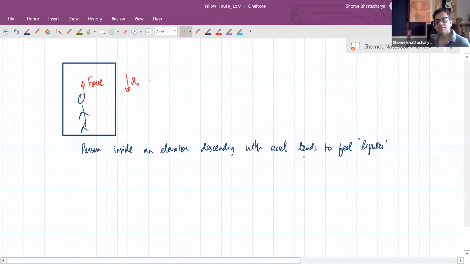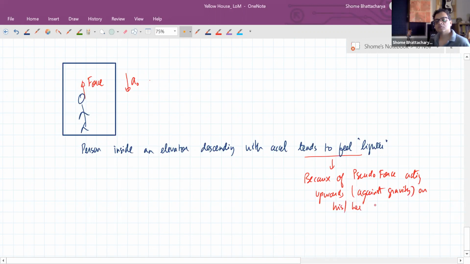So this tendency to feel lighter happens because of pseudo force acting upwards against gravity, or opposite gravity. So this is another example of pseudo force.